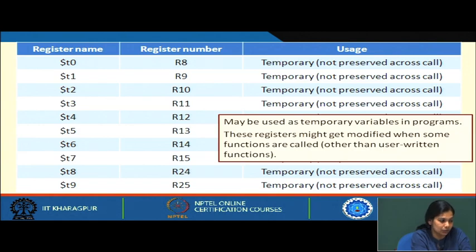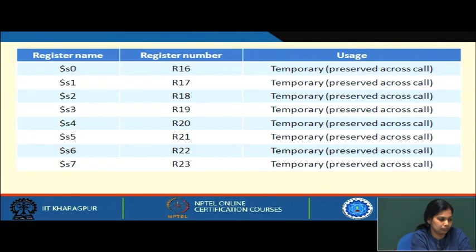So, in this particular case it can be overwritten by something other than a user written function, but these are preserved across calls. Even if there is some other function call, you can use this set of temporary registers starting from S0 to S7.